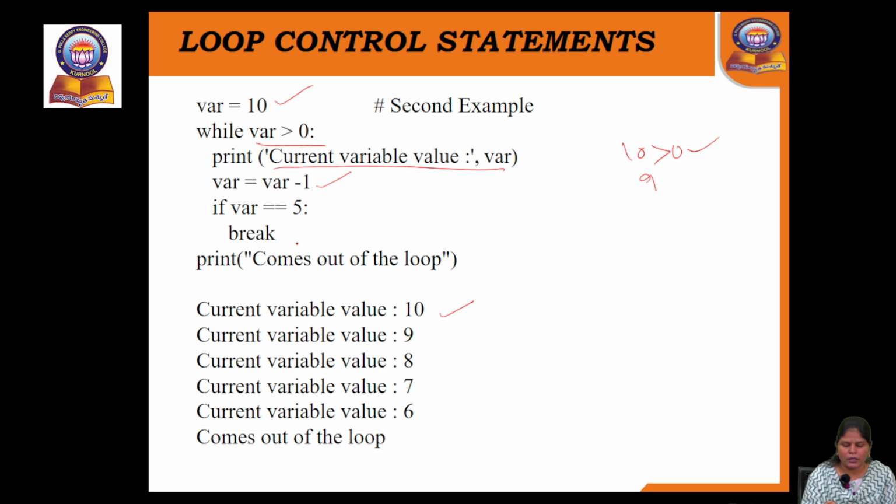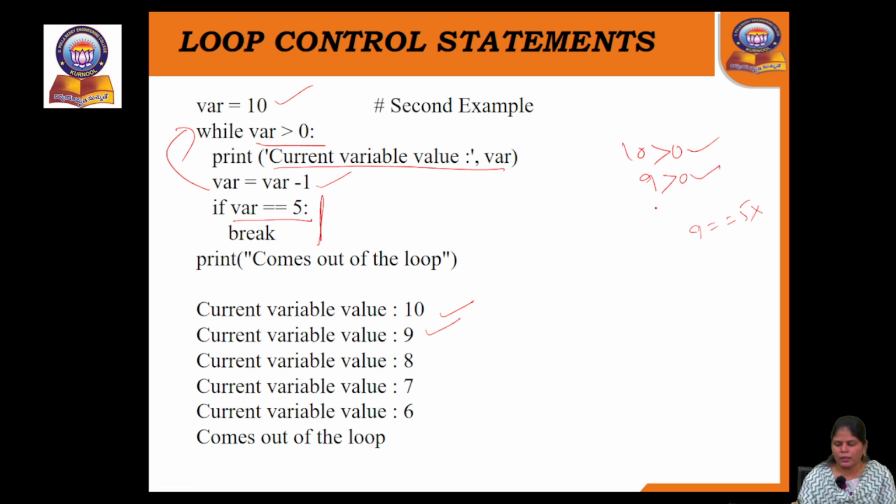After that it will check the condition, var equal to 5. That means 9 equal to 5, condition is false, so it won't execute this statement, it goes back and checks the condition. 9 greater than 0, condition is true, so it will print 9.